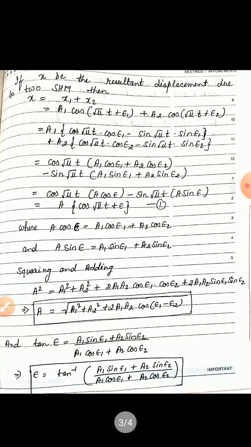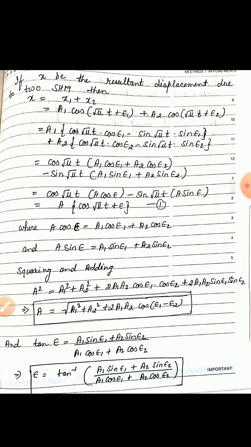If x is the resultant displacement due to the two SHM, then x can be calculated as x1 plus x2. Putting the values of x1 and x2, we get A1 cos(√μ t + ε1) plus A2 cos(√μ t + ε2).